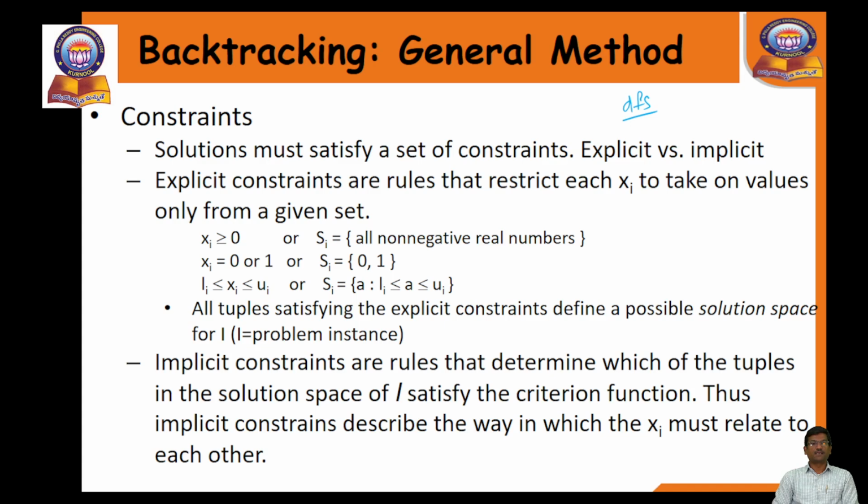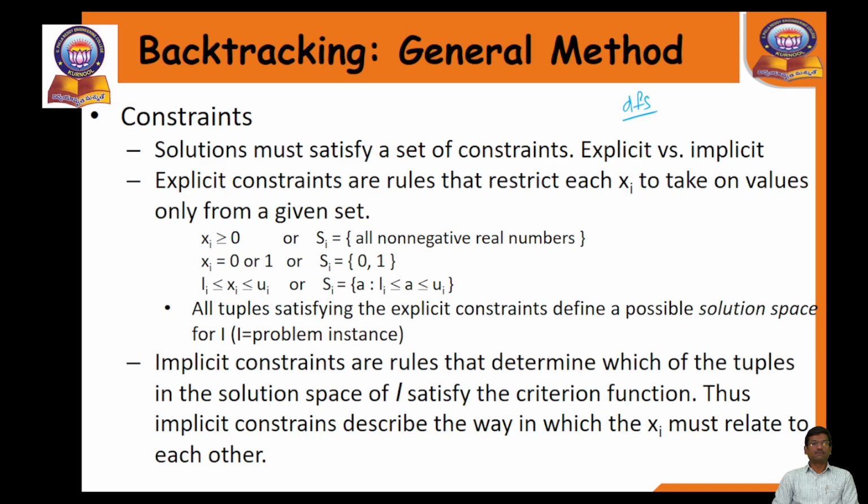For example, xi can be greater than or equal to 0, that is, Si equals all non-negative real numbers. Xi can be equal to 0 or equal to 1, which can be represented as Si equals {0, 1}.